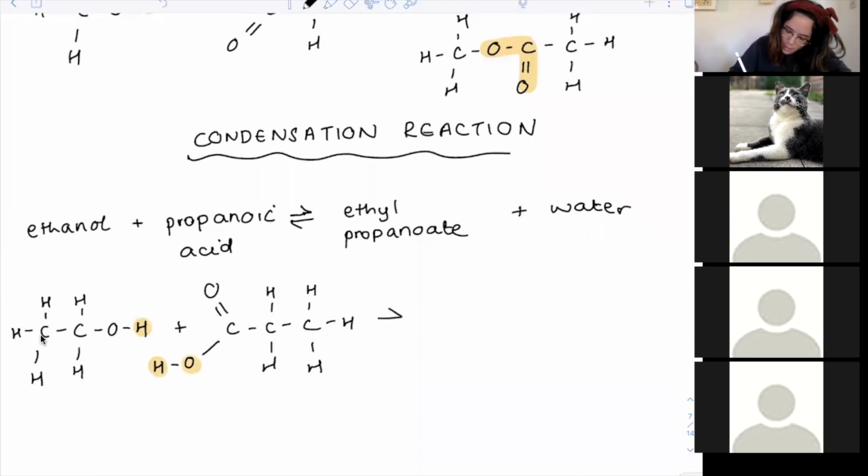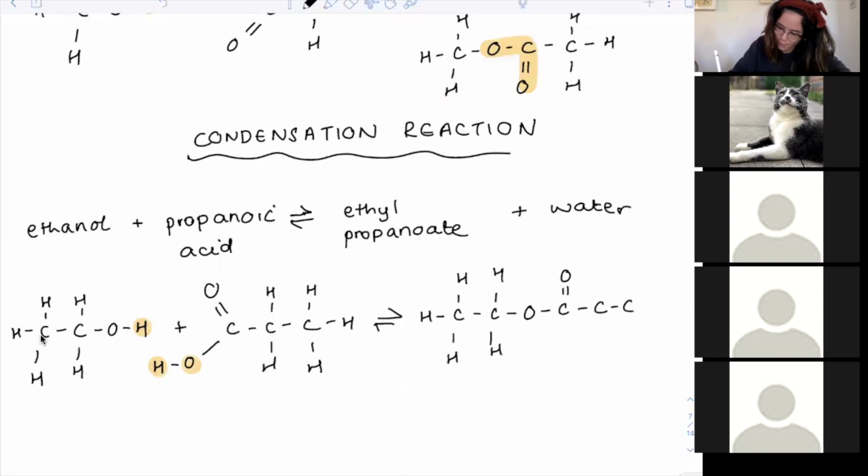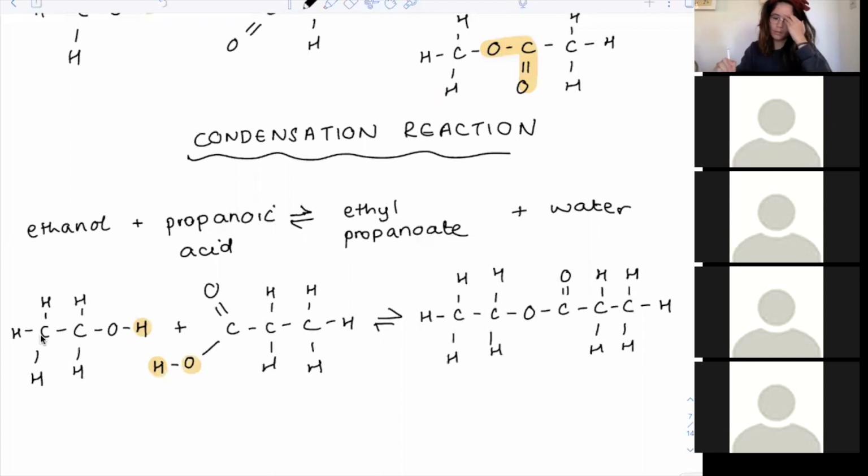And then it's a matter of sticking together the remaining parts of the molecule. Yes, I have enough space for once. That's water. I'm just still checking the molecule.